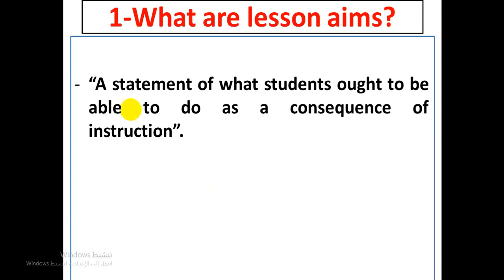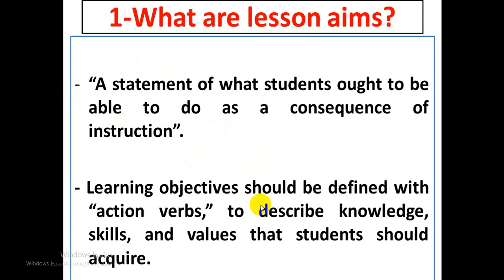So a lesson aim is a statement of what students ought to be able to do as a consequence of instruction. And learning objectives or behavioral objectives should be defined with action verbs to describe knowledge, skills, and values that students should acquire.